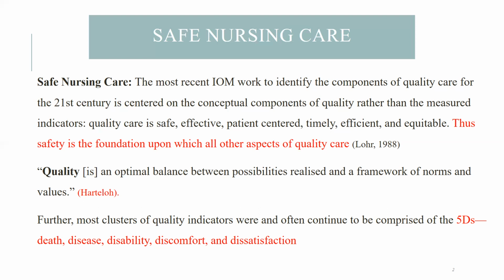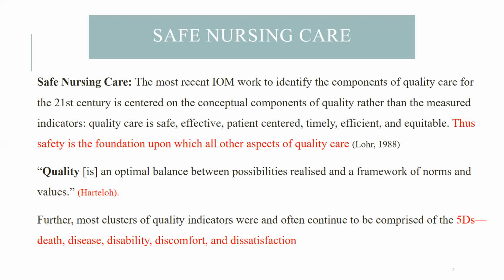As we progress through the session, we will understand this concept. As Lohr mentioned in 1988, safety is the foundation upon which all other aspects of quality care are built. Quality is defined by Hartilov, who mentioned that quality is an optimal balance between possibility realized and a framework of norms and values.